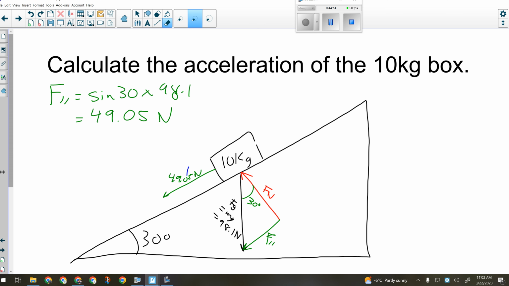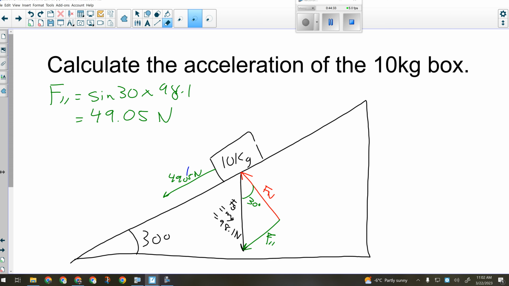If F parallel is the vector sum of all the forces in this question, what is it? It's F net. Okay, that's why I drew that diagram. That was the vector sum of normal force and gravity. Therefore, it is the net force because there's no friction in this particular situation.